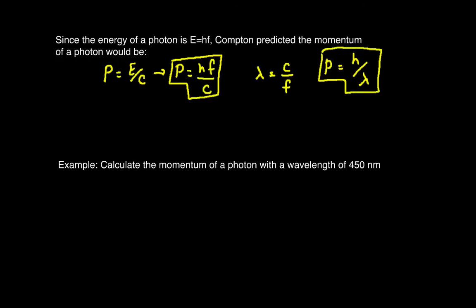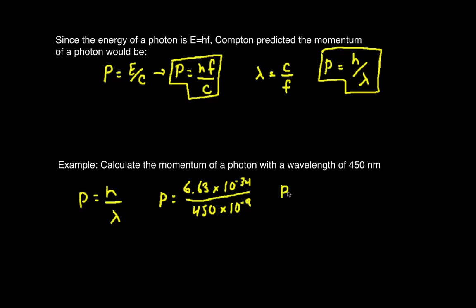For example, calculate the momentum of a photon with a wavelength of 450 nanometers. We can use the formula p equals h over lambda. p is equal to h, which is 6.63 times 10 to the negative 34, that's Planck's constant, divided by the wavelength, which is 450 nanometers, or 450 times 10 to the negative 9, since nano is negative 9.